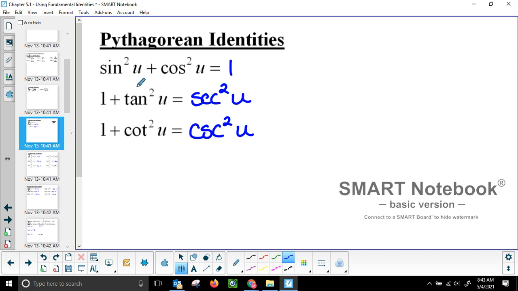So here, for instance, sine squared u plus cosine squared u is equal to 1. Do I have either sine or cosine? Yeah, we have cosine. We don't have sine, but that's fine. Do I only have one missing piece? Yeah, if I have cosine, the only thing that I don't have is sine.